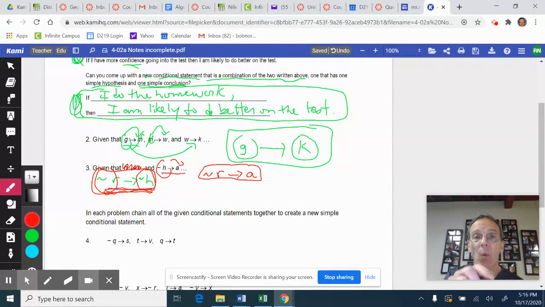So there's one good answer to this problem. Okay, but there is a second good answer, and we're going to find it before we go on to number 4.